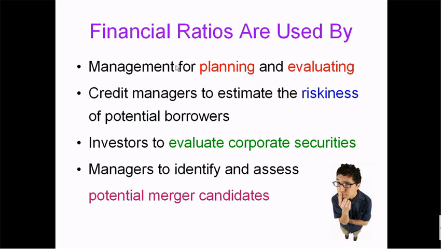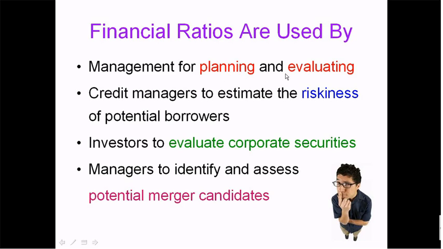So by using financial ratios, you can look at your results in the past, how well you have performed in the past, then you can set goals for the current year. And then you decide how you actually achieve those targets, those financial goals. And to evaluate, remember the 4 management functions again, POLC.